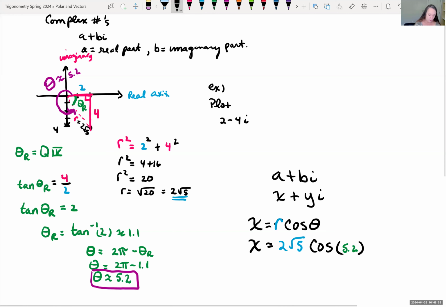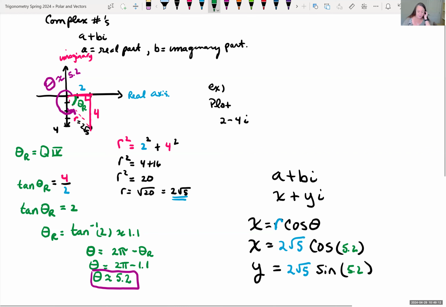And recall that our y value was equal to r, which again is 2 root 5, times sine of 5.2. For i, do we put anything in there?